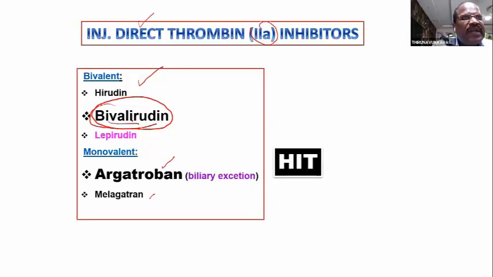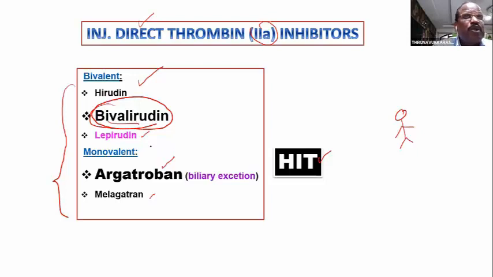But you may have studied in the medicine book, these drugs are wonderful for treatment of thrombosis in a patient who had HIT. Suppose a patient developed the complication of heparin-induced thrombocytopenia. For them to have anticoagulation, the best is to go for a direct thrombin blocker like lepirudin, argatroban.